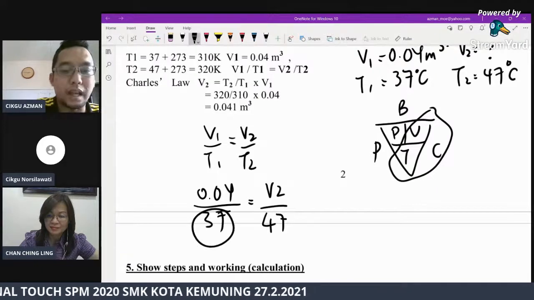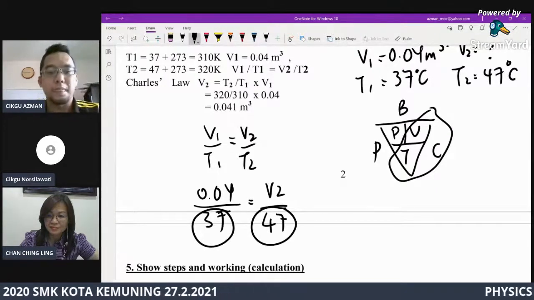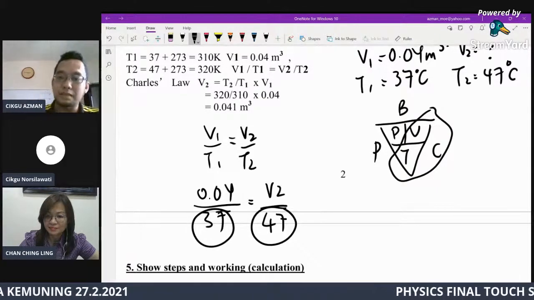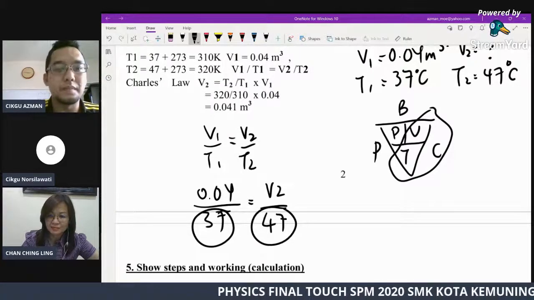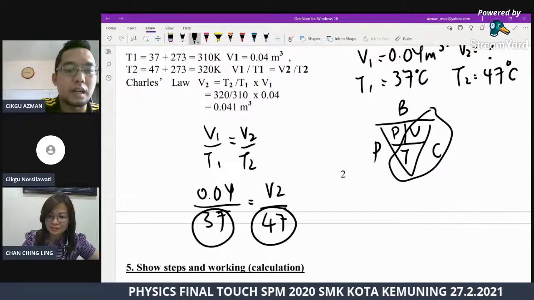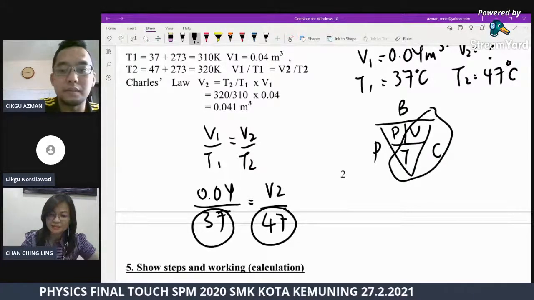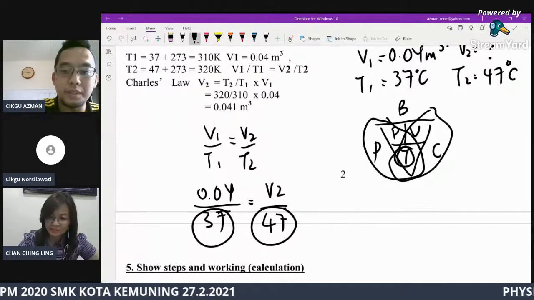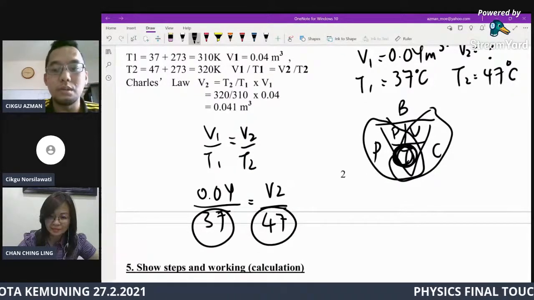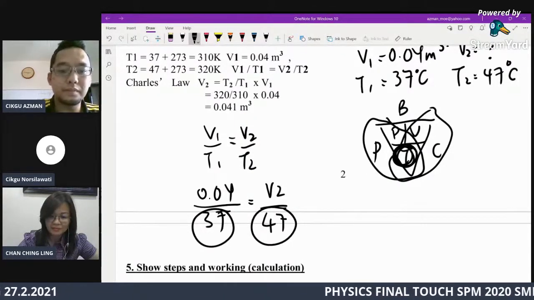Okay, this one. Be careful. Memang kita nak jawab cepat tapi dalam masa yang sama kita kena be careful of the unit. Ni kena tukar dulu in Kelvin. Sama juga in pressure law. Kalau pressure law pun sama. Involve temperature, then you need to change to Kelvin.